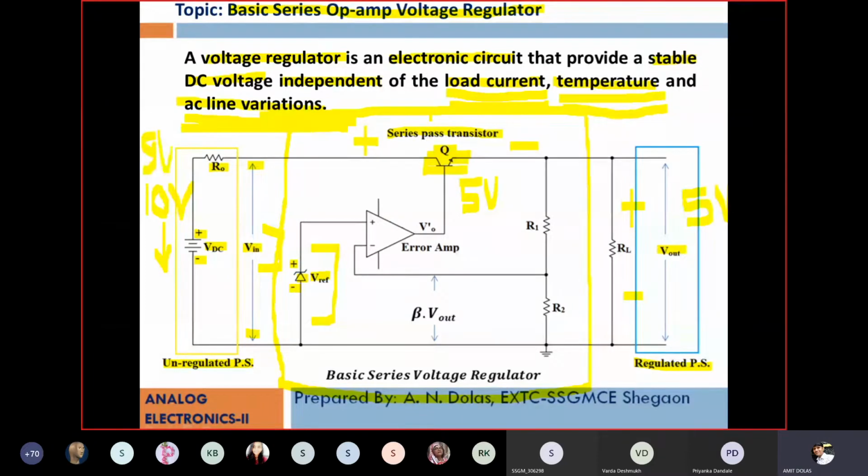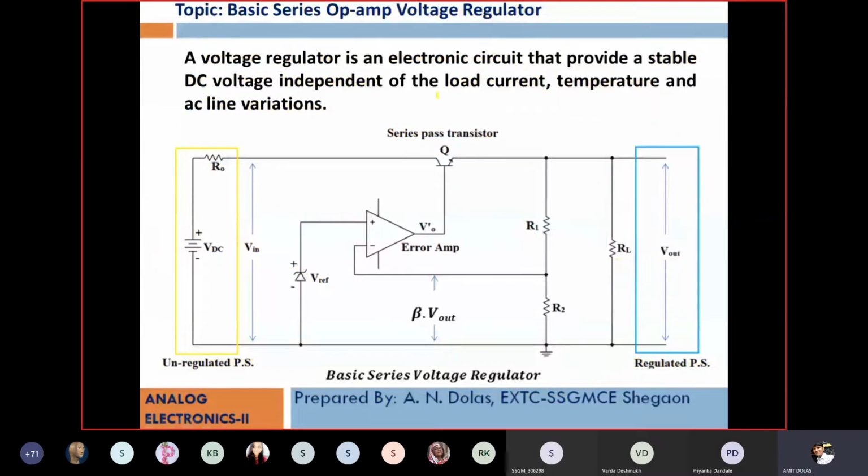Then of course the output voltage, that is 5 volt, does not change, it remains constant, but the transistor will adjust itself, its conduction region is adjusted so that it will drop only 4 volt across it with this polarity, and the output with this polarity, plus up and minus down, which is 5 volt, remains as it is across the output terminal.